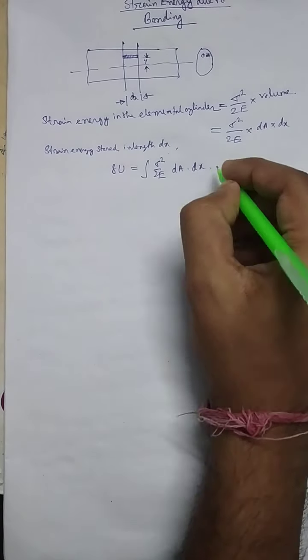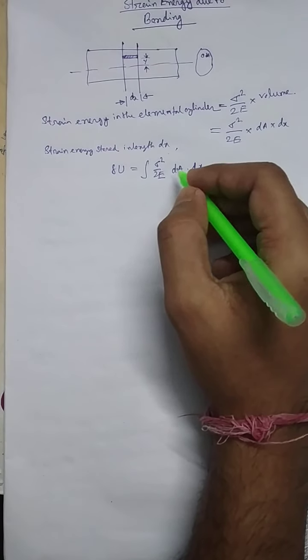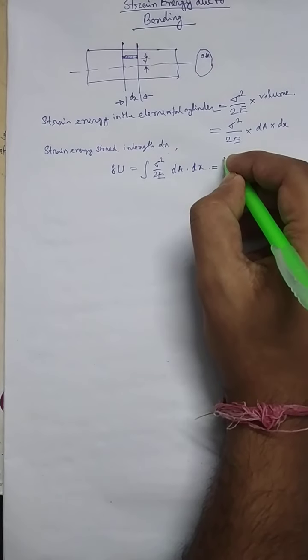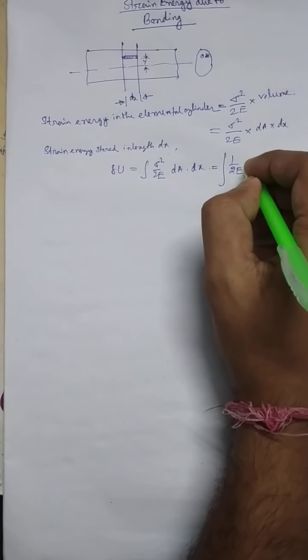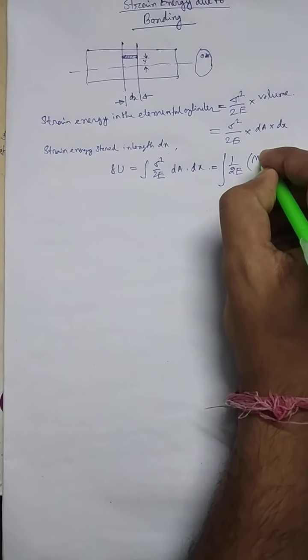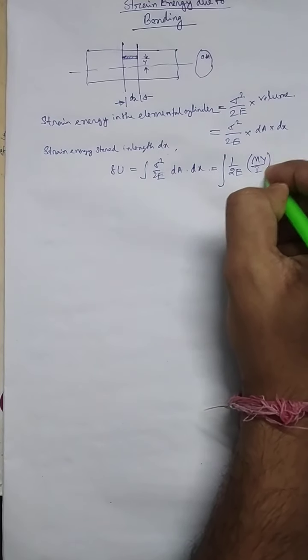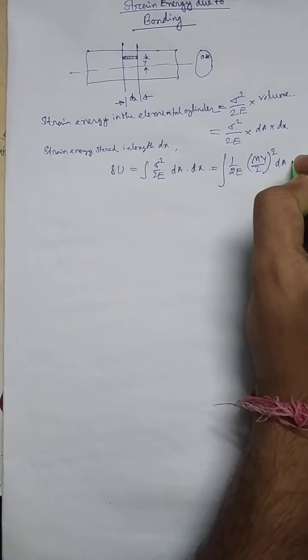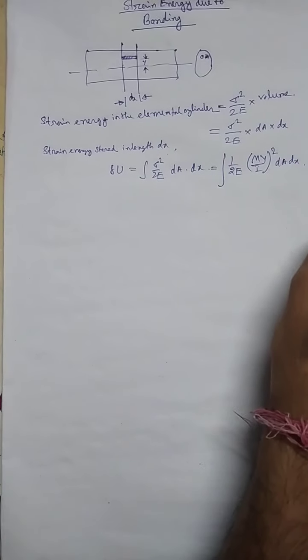Now if we put the value of sigma, the bending stress, it becomes M by I into y, into dA into dx.